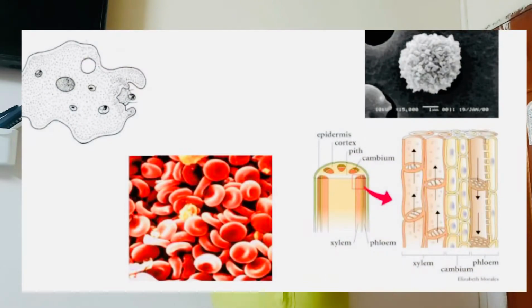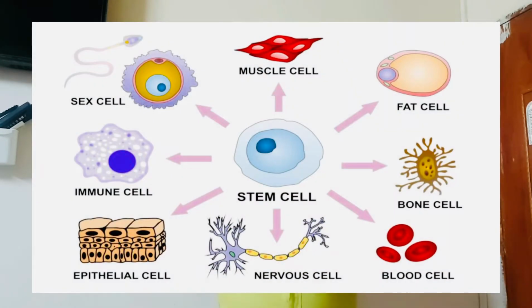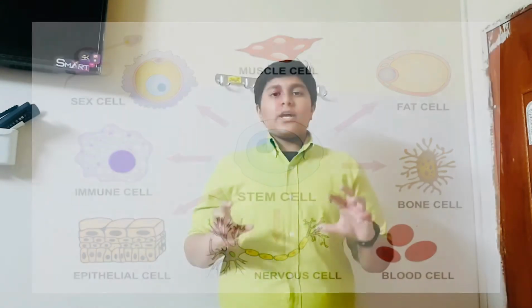Next we see different types of cells. Cell size is different, and cell shape is different. Sometimes in some organisms, like amoeba, the cell changes its shape. The reason behind the change in size and shape is the function it performs.